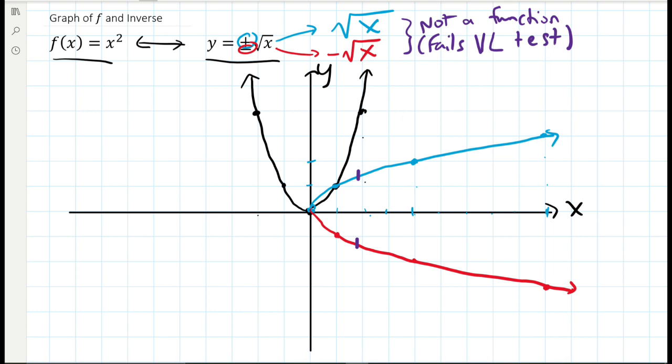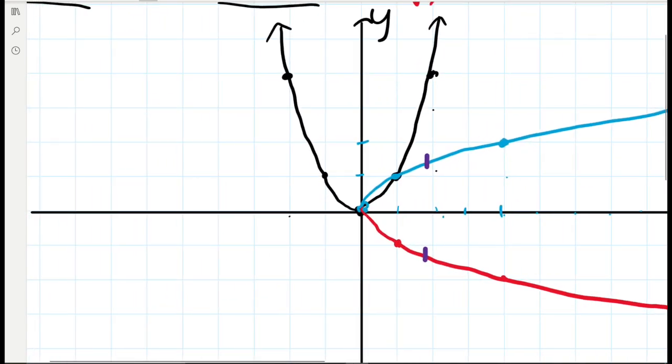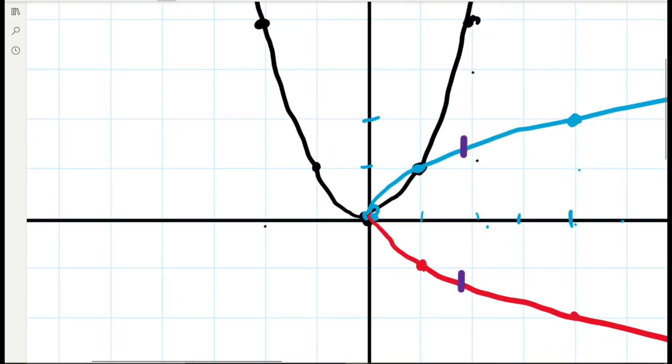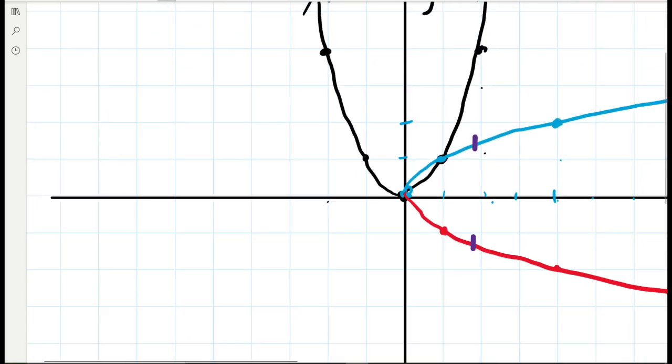So now, what's the relationship between the blue and red graph and the black graph? Well, it turns out that this is actually a mirror reflection of the black graph. It's a mirror reflection about the line y equals x.